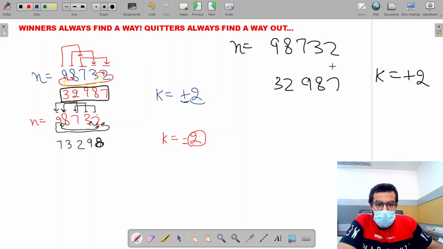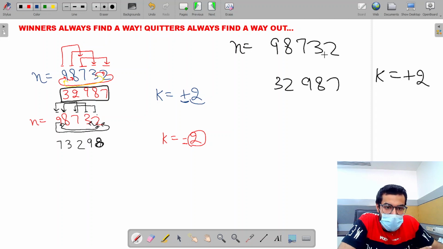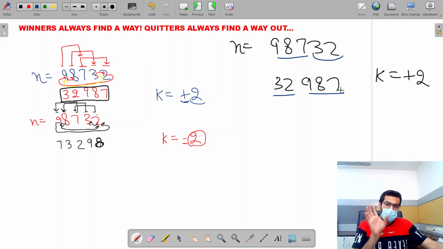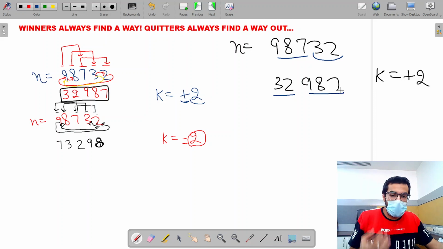So can I say from over here that we have to pick up 2 digits from the end and paste them in the starting, and the remaining digits will be written in the end. Simple. This is the thing that I want you to understand, and this can be handled very easily.